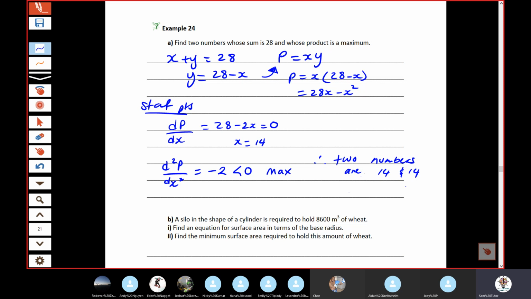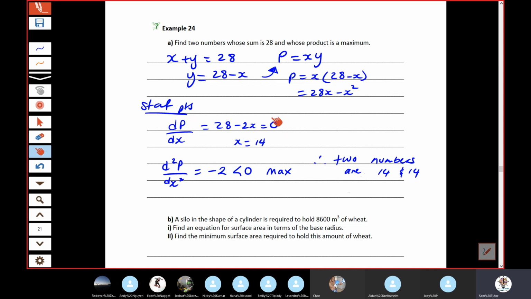No? Eden, maybe? You seem like you have a question. How is the curve of 14, 14... What do you mean? So what you've just done, you went and created an equation for the product, which is a constraint with x's, right? You first worked out that it's a constraint with x and y. Then you realized that you could just do it in terms of x's from this relationship. Then you went and differentiated.